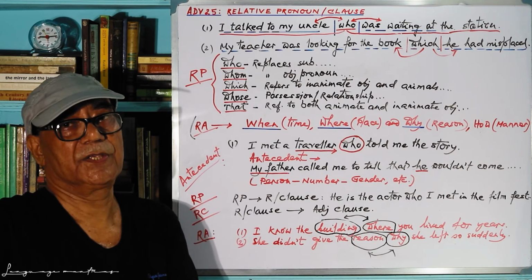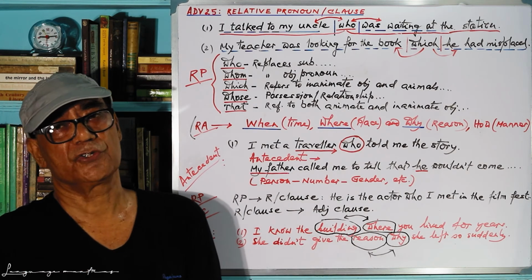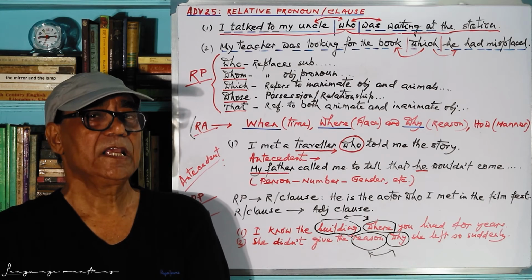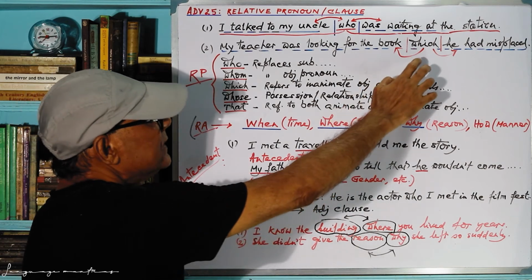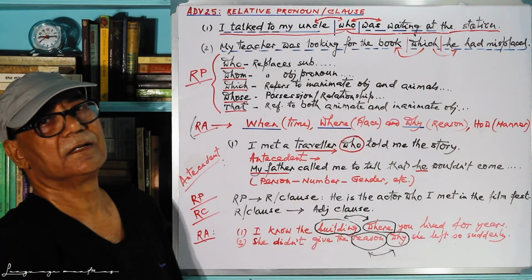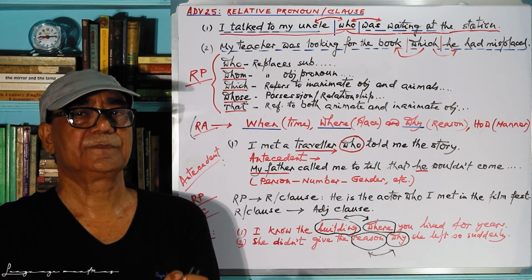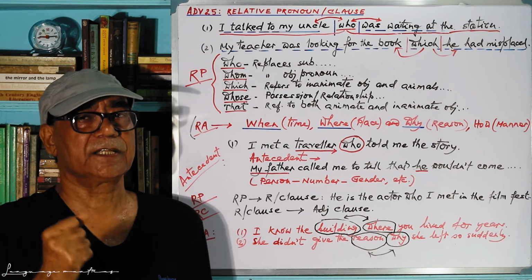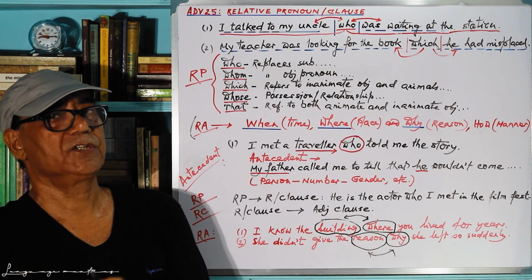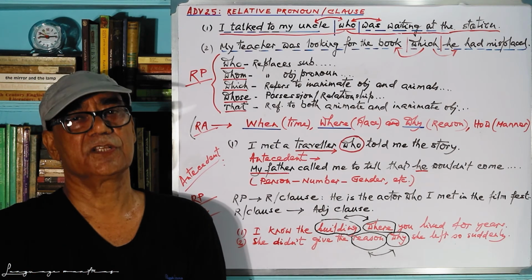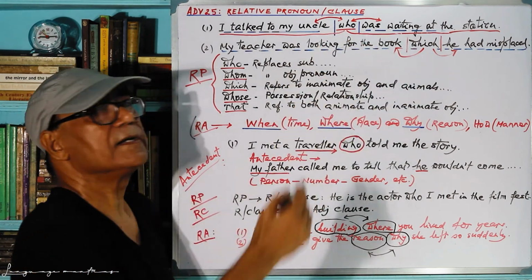Which he had misplaced is a relative clause. A relative clause is always a subordinate clause, because the relative pronoun does not have the strength of a subject unless it refers back to the antecedent. So this is the relationship in this sentence.